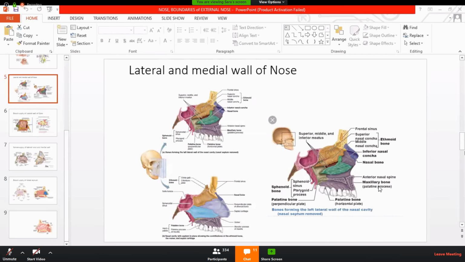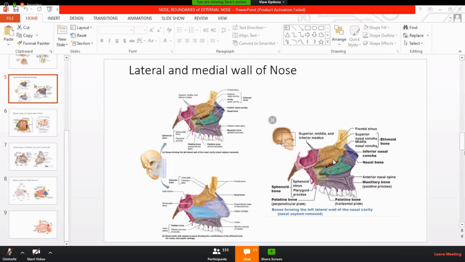Okay. When you expose the middle meatus, there is an elevation present or formed due to the middle ethmoidal air cells. Those are known as the ethmoidal bulla. That raised part is known as the ethmoidal bulla.